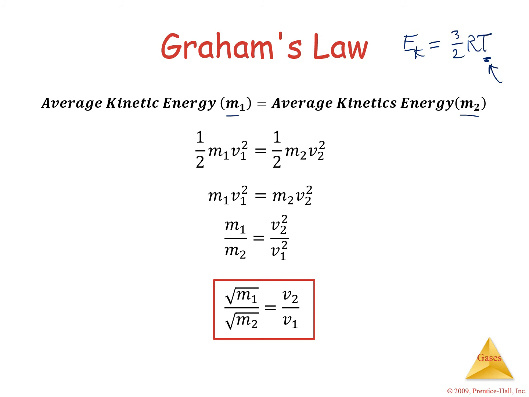To give you an imagination of it, let's say that M1 corresponds to nitrogen gas, and M2 corresponds to something light like helium gas. Nitrogen has a molecular weight of about 28 grams per mole, and helium about 4 grams per mole. So this one is heavier, this one is lighter.